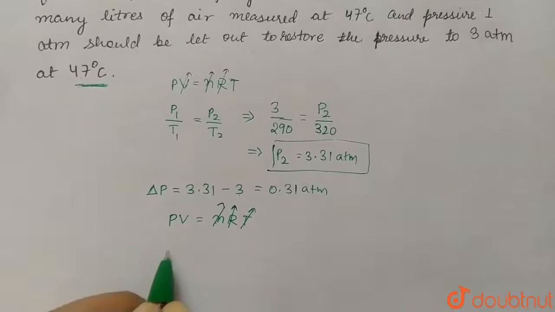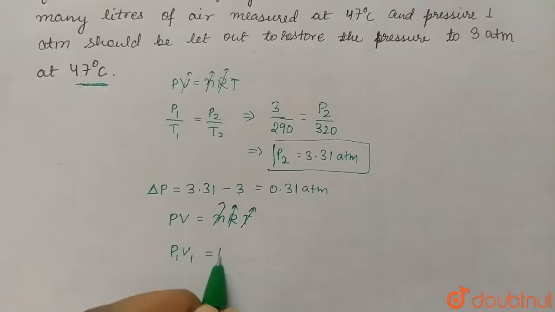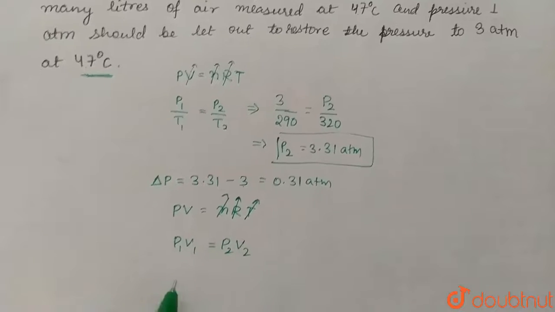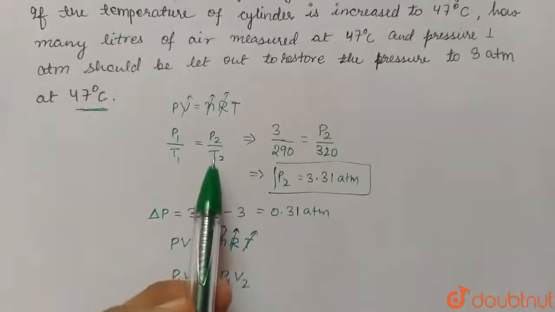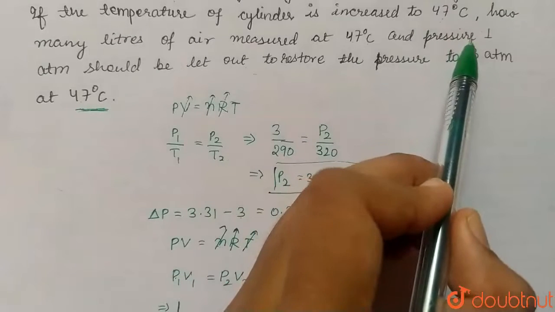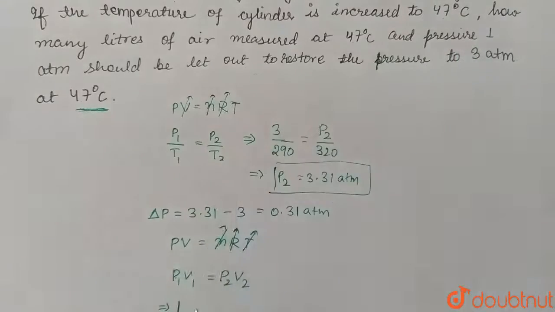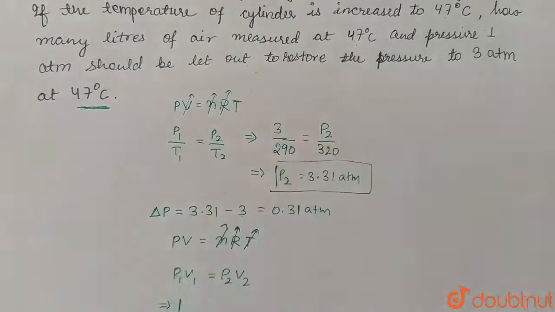So here we can see that P1V1 = P2V2. So from here the initial pressure is 1 atm, since in this question it is given that the pressure is 1 atm and the temperature is 47 degrees Celsius.